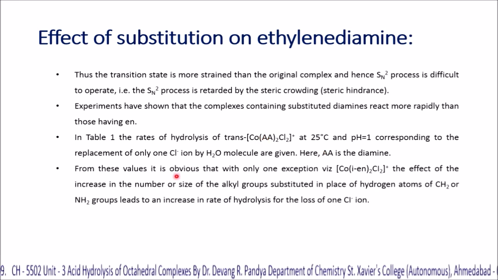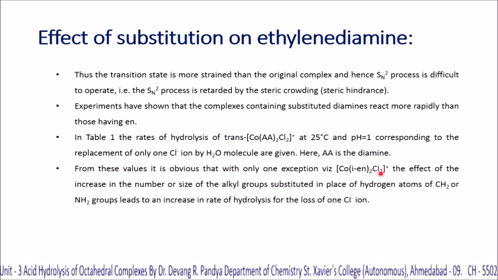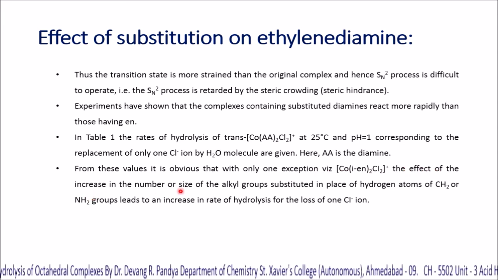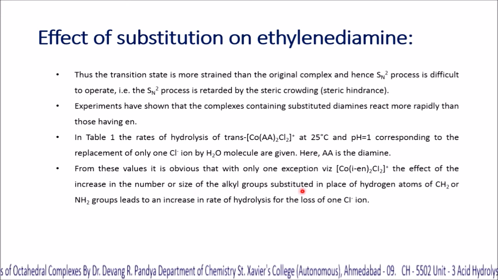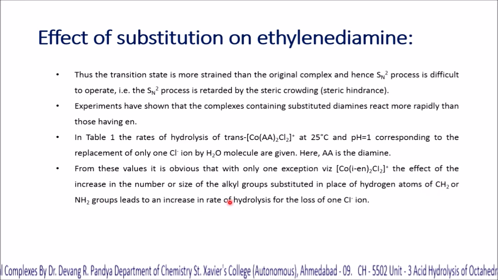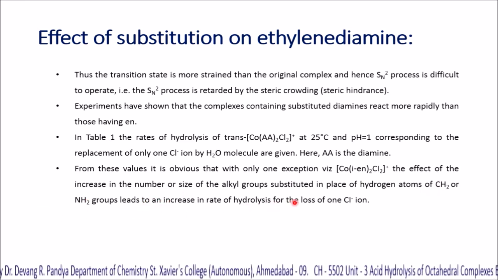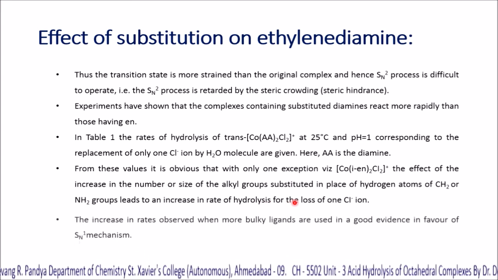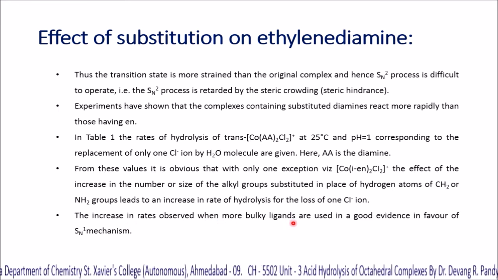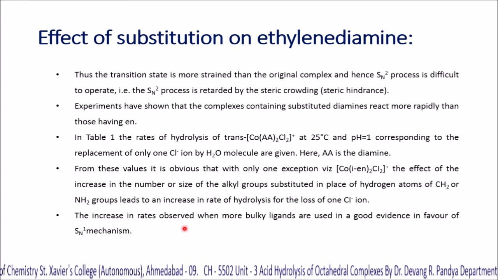And from the values, it is obvious that with only one exception, the increase in the number or size of the alkyl substituent group in place of hydrogen, either the methyl group or amine group in ethylene diamine, increases the rate of hydrolysis for the loss of chloride ion, and the increase in rate observed when more bulky ligands are used is good evidence in favor of the SN1 mechanism.